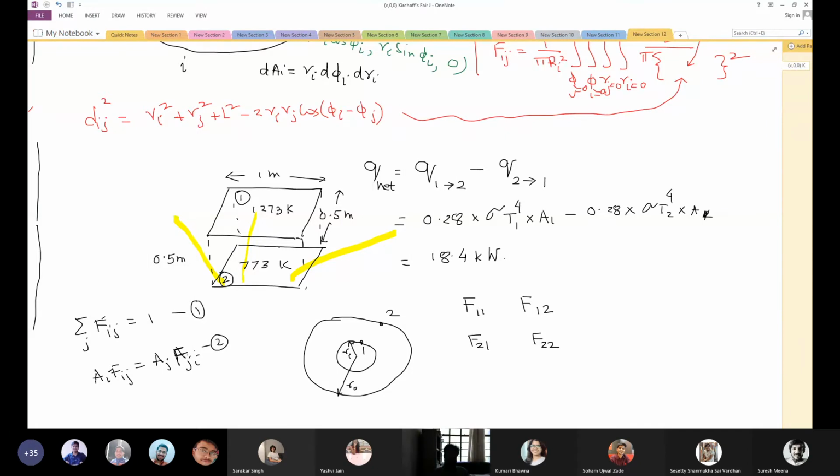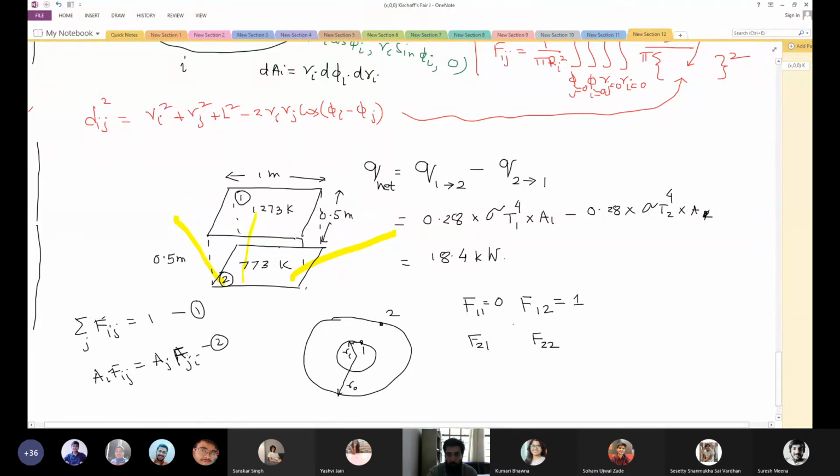For example, for surface 2, part of the radiation that leaves surface 2 goes to surface 2 itself. So we cannot say this for surface 2. F22 is not equal to 0, but we know that F11 equals 0. That means F12 equals 1, from the summation rule.